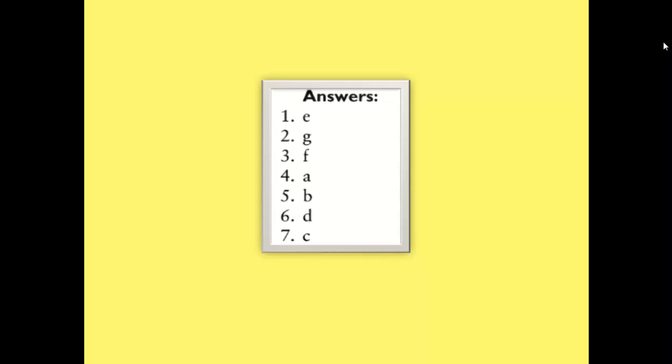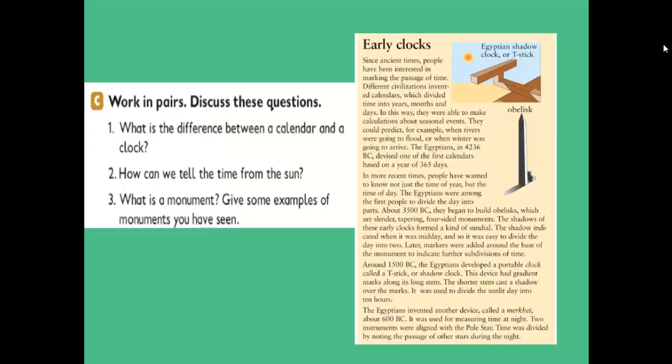A person who invented lift is Otis. The inventor of radio is Marconi, and the inventor of motor car is Benz. And finally, the inventor of electric light bulb is Edison. After that, let's do practice number C.